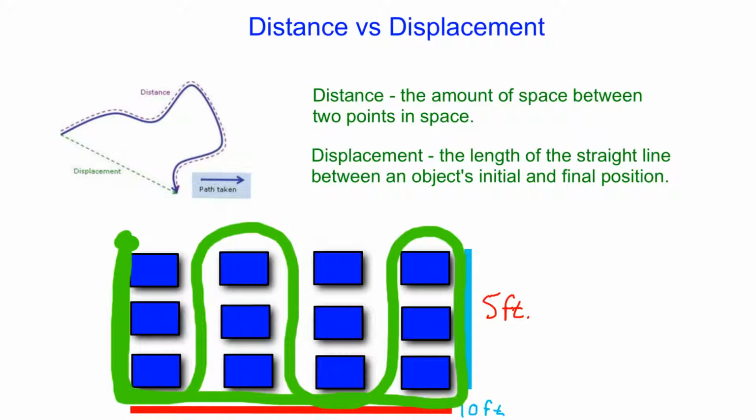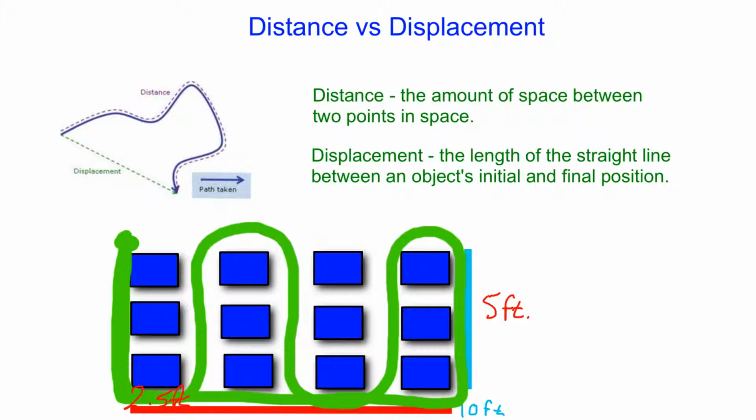Alright, let's discuss what their distance and their displacement are. Okay? So first of all, let's take a look at their distance. They traveled 5 feet down, then they traveled, let's say we've got 1, 2, 3, 4. So each of those are worth 2.5 feet each.